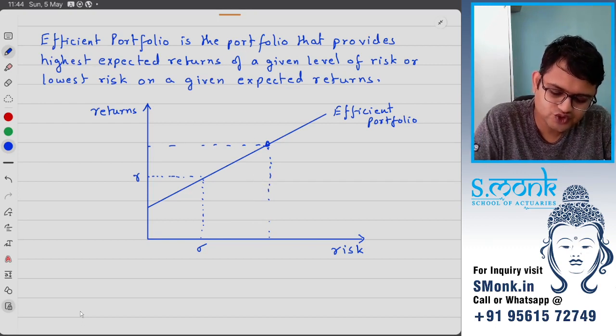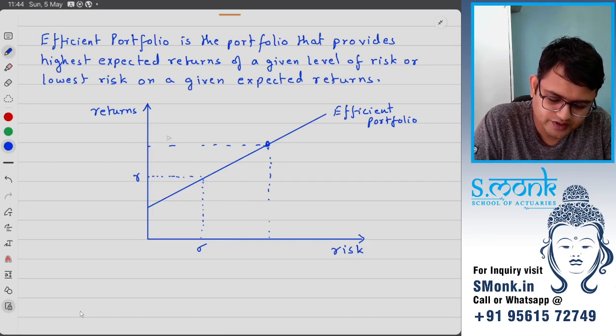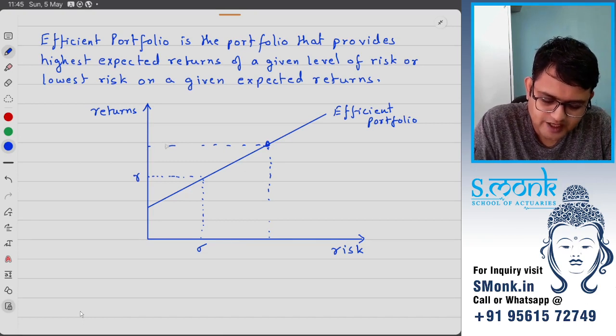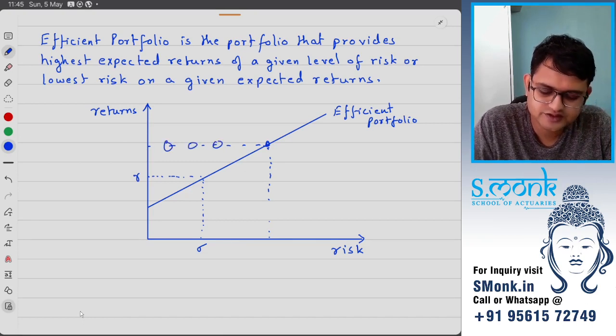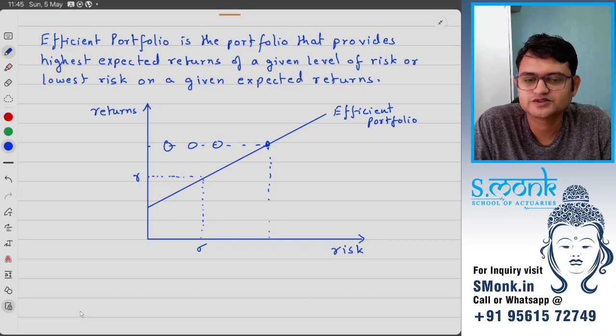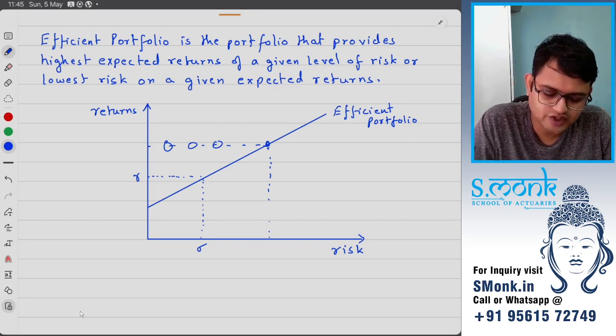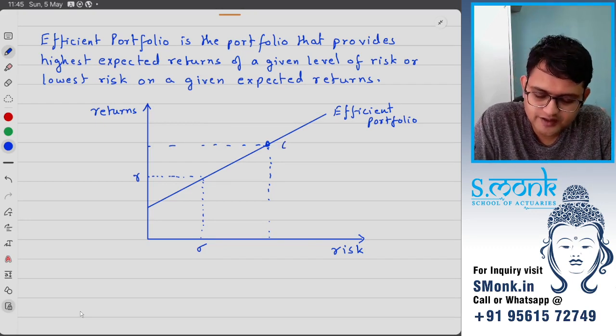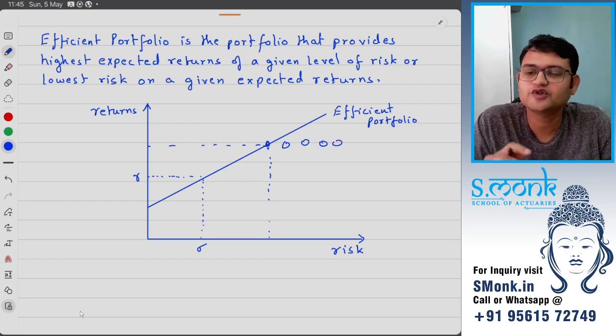Similarly, if I choose a return, if I've fixed that this is the returns that I want, what happens is this is not available to us. These values are not possible. So this lower amount of risk is not possible if I want this much. And this I will not accept.